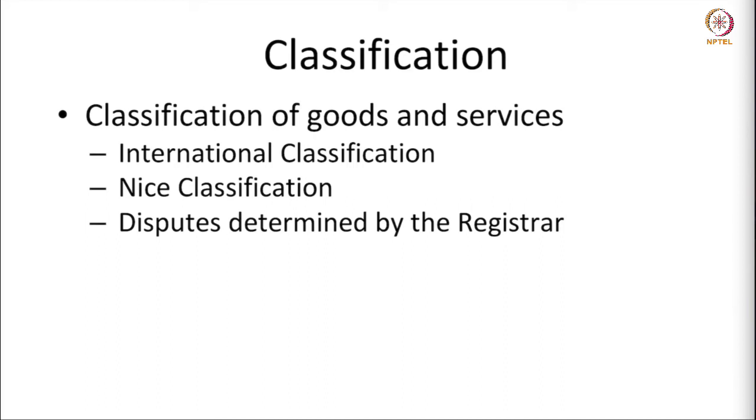The classification system is updated every 5 years, and currently we have the 10th version of the NICE classification. The system classifies products into 45 classes and allows users seeking to trademark a good or a service to choose from these classes which may be appropriate for their product or service.